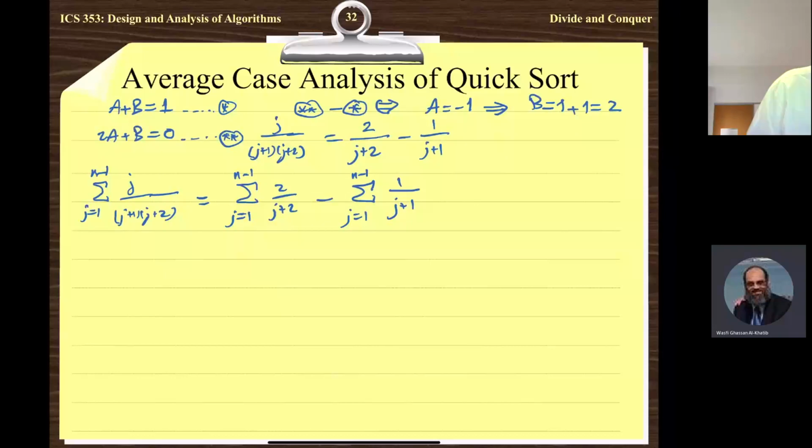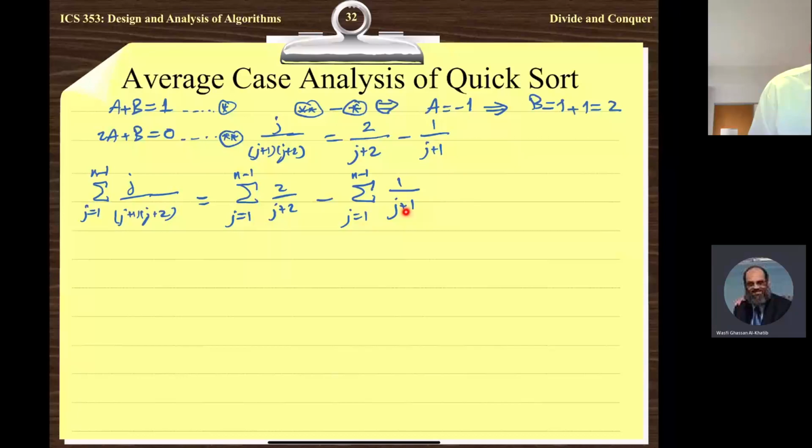I just distributed the summation over 2 over j plus 2 minus 1 over j plus 1 because summation is commutative, a plus b is equal to b plus a, so I can rearrange the terms, and of course it's also associative, so I can put them like this.